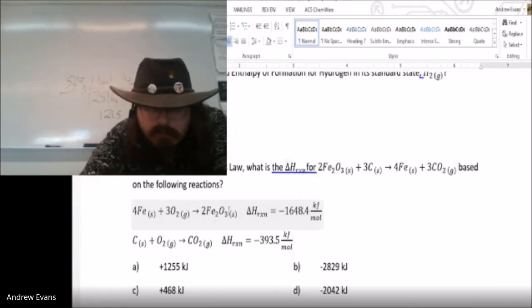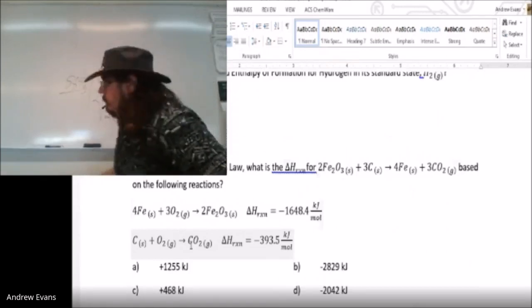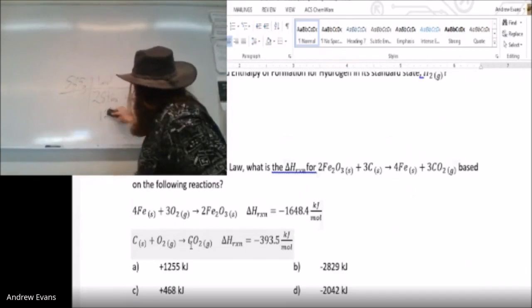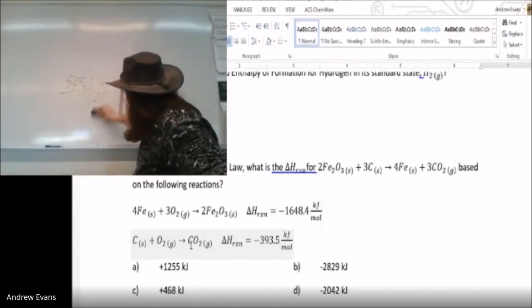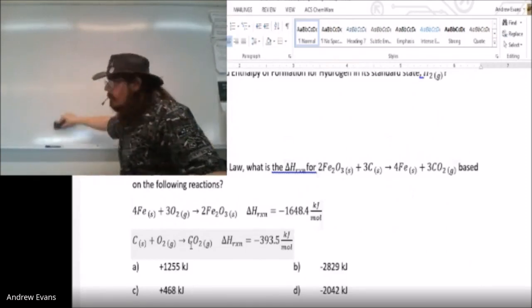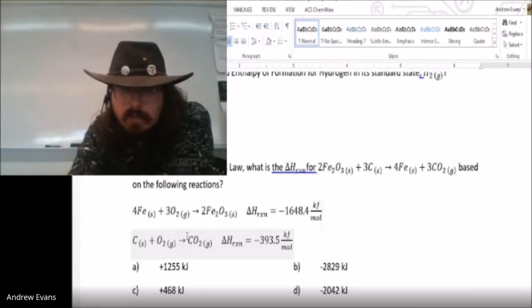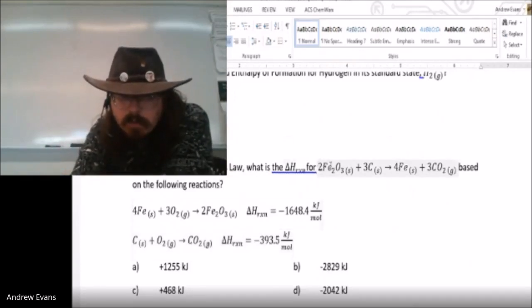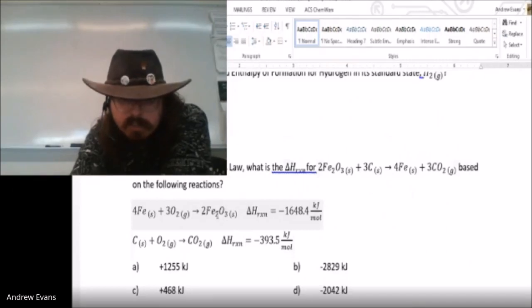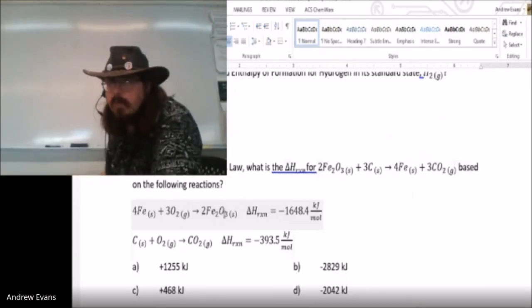So we would have to flip that. The carbon needs to be tripled, but it's going the correct direction. So what does that mean? In order to get the reaction that we want, we need 2 iron oxides as a reactant, and this one has 2 iron oxides as a product. So we would flip that one.